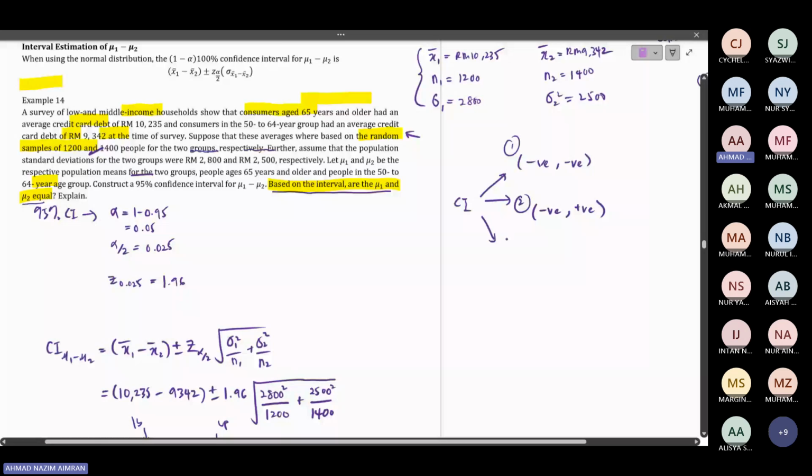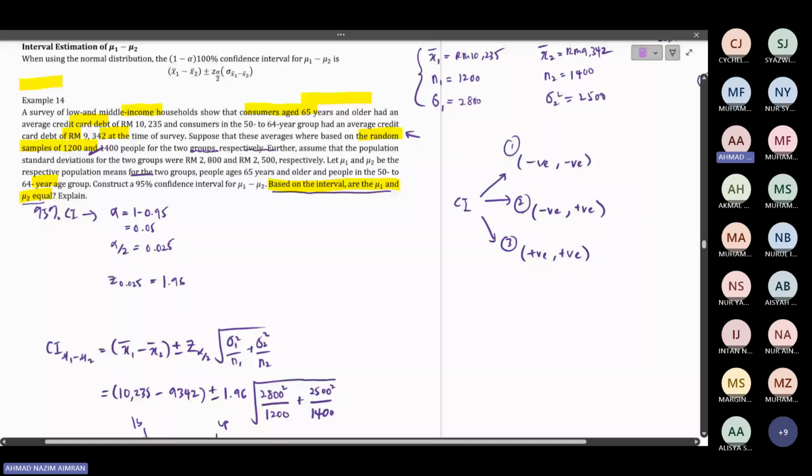Third, both are positive. To know whether the two groups are equal, the interval between the lower and upper boundary must include 0. When it includes 0, it means there is a possibility that the difference of the two populations is the same.